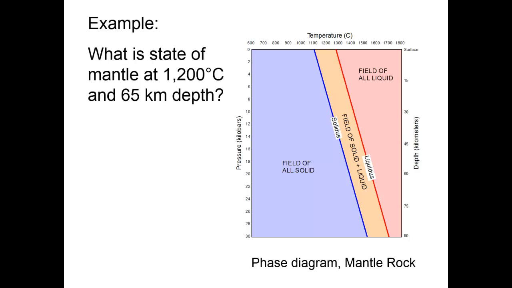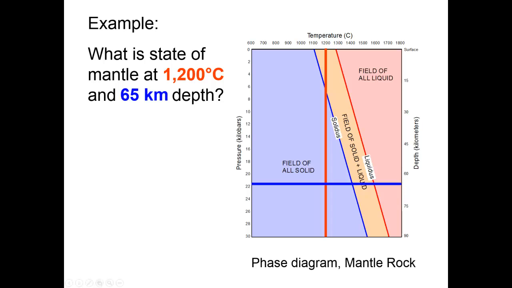Here, for example, is how we'd actually use that phase diagram. So let's say we want to know what the state of the mantle, which is made of peridotite rock, is at 1200 degrees C and 65 kilometers depth. Well, if we're at 1200 degrees C, we have to lie along this vertical red line. And if we're at 65 kilometers depth, I'm going to use the right hand scale here to look at the depth. 65 kilometers depth corresponds to this blue line here.